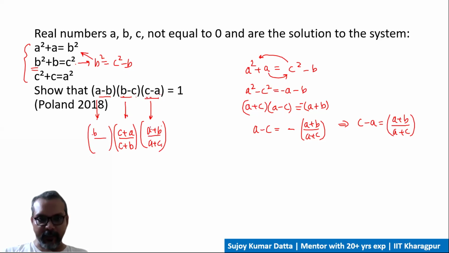So it's minus b, it will start off with b. The upper term, a and c are there, so we bring in b. So here a and b are there, we bring in c. And here the c has come, so here the a will come. So the result will become a plus b will cancel, c plus a will cancel, b plus c will cancel, we'll have 1. Hence proved.